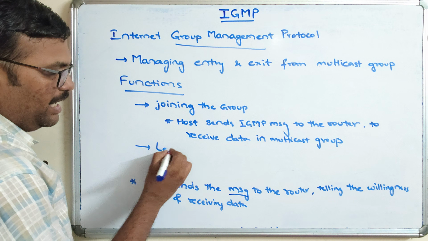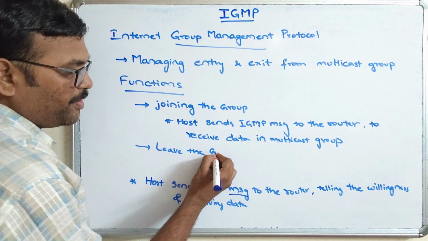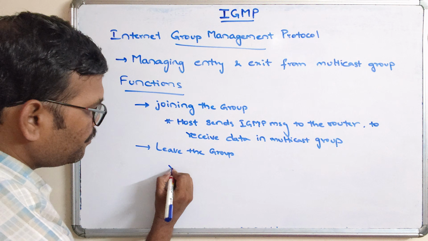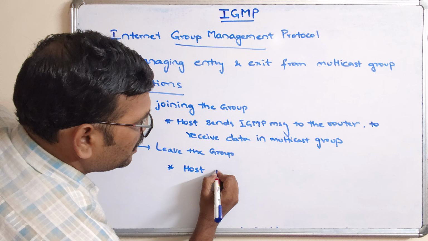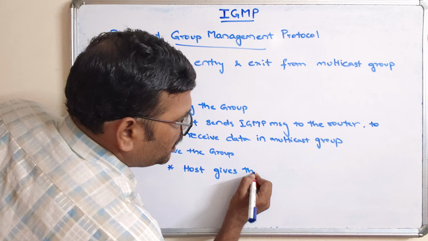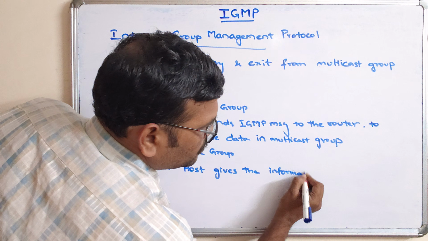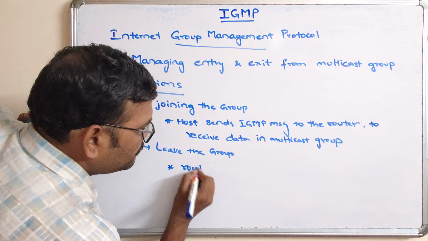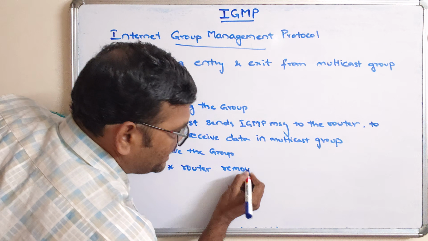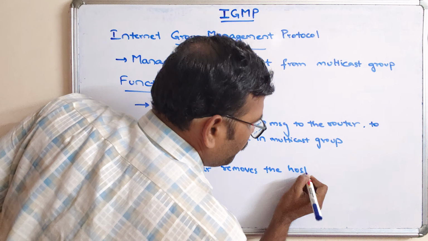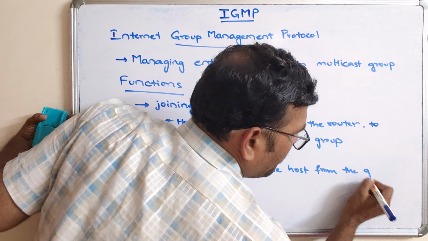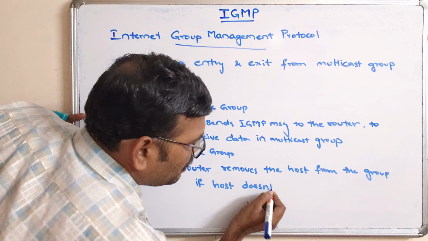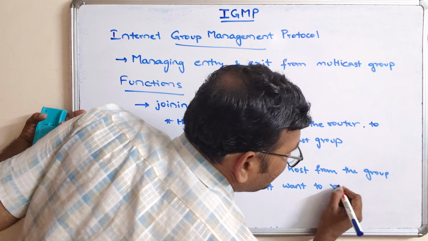The second functionality is leave the group. Here also the name itself indicates, the host gives the information, or the router removes the host from the group if the host doesn't want to receive the data.